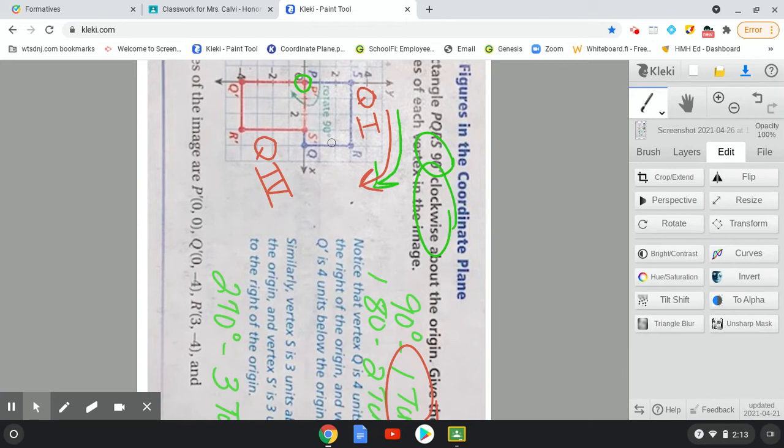Now, the tricky part is when we go to identify these coordinates, remember I said you can no longer look at the positive and negative signs on the number line, because you have to think of this as being our new direction of our coordinate plane. So let me just rotate it back.